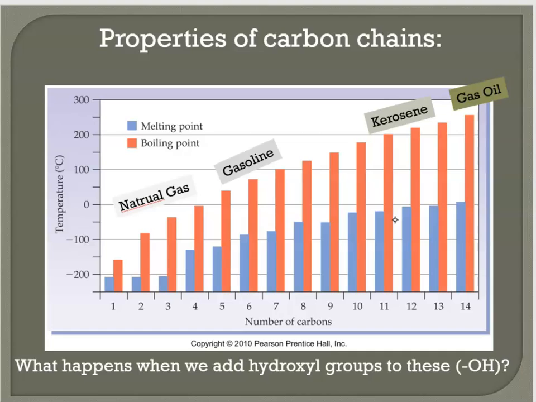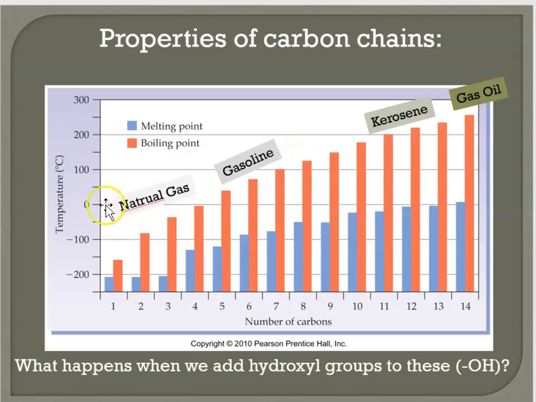One of the properties of carbon chains is the longer they get, the more temporary induced dipole-dipole interactions there are. This is an important intermolecular force. We talked about this in the past, where we have these electrons in these carbons and hydrogens, and they flow back and forth. Electrons move around in these spaces a little bit, and that creates a positive and negative charge difference, and the longer the chain, the more of this can happen.